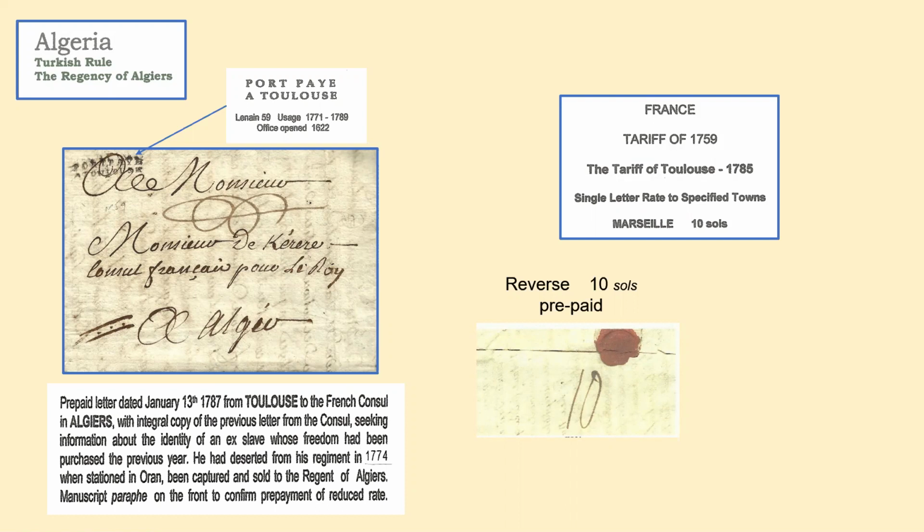He had actually deserted his regiment in 1774 when stationed in Iran, but was captured and sold to the regent of Algiers. The manuscript paragraph on the front is to confirm the prepayment of the reduced rates of the special Toulouse tariff.